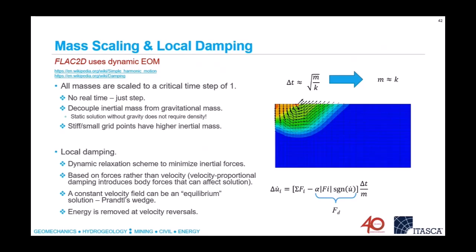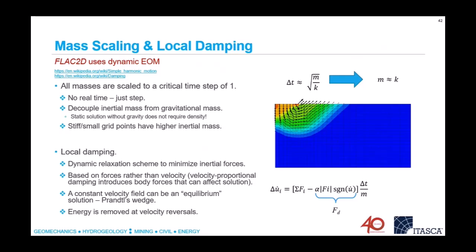We can change this mass in a way that our time step will be 1 without affecting the true mass of the system. And this is done just to have a larger time step. So we separate gravitational mass from inertial mass, and we modify the mass of the grid point to some fictitious mass in such a way that this dynamic equation of motion is solved with time step equal to 1.